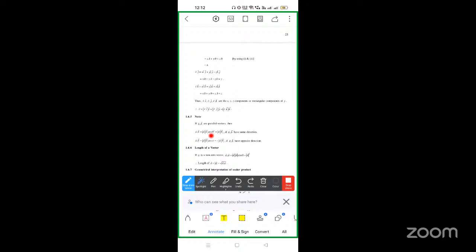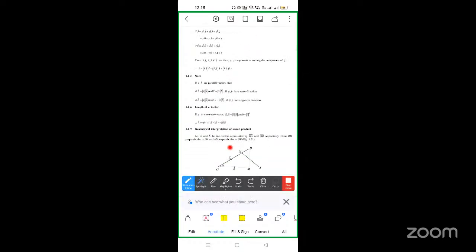So A dot B is mod A into mod B cos 0, which is equal to mod A into mod B. If A, B have the same direction, A dot B is mod A into mod B. If they have the opposite direction, then theta should be pi, and cos pi gives negative, so A dot B is minus mod A into mod B. So it indicates that the two vectors are in opposite directions. For the same direction it is positive, with theta equal to 0.